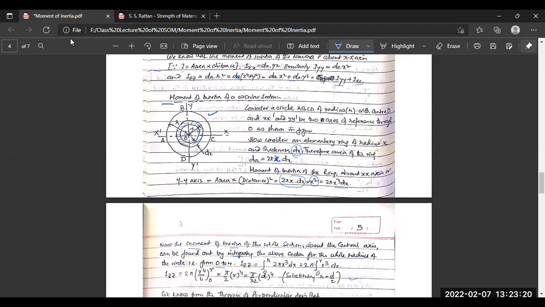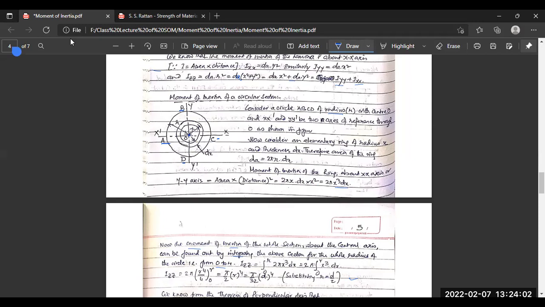This is a circle ABCD of radius r, with center at O.